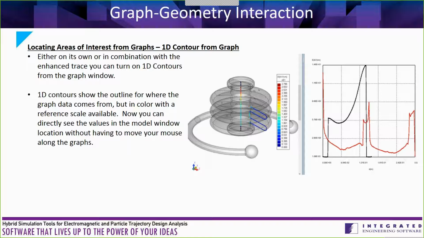So for the two graphs that I created there, I can turn on 1D contours, and now I see colored right in the geometry the same information as appears on the graph, and I can still do my trace thing to identify particular points, but I can very directly see in the model window the information I get from the graph. So again, identify peaks, valleys, and all that kind of thing very quickly, even for something that I'm not immediately familiar with.